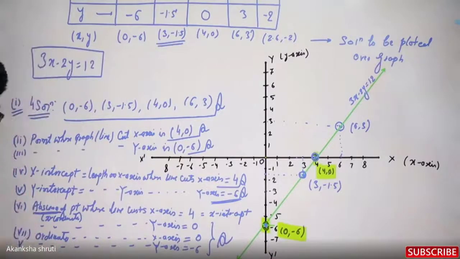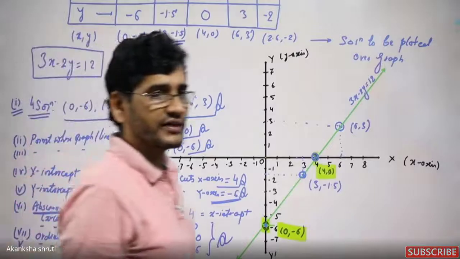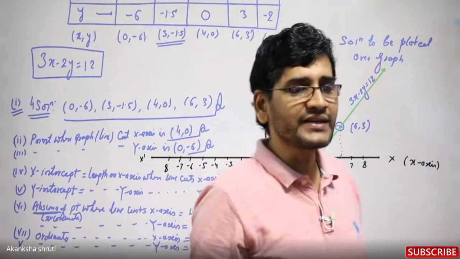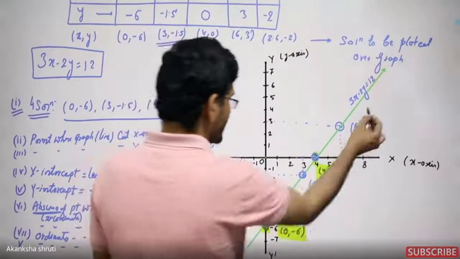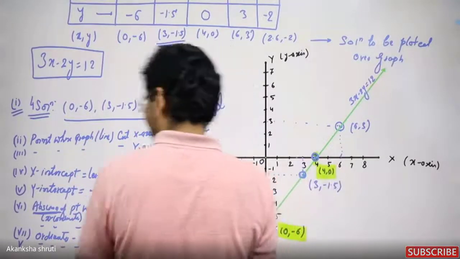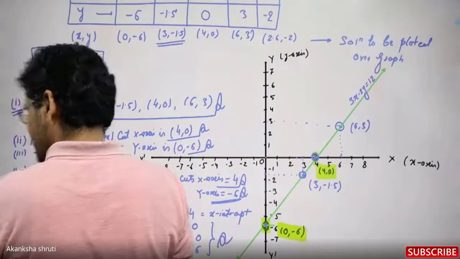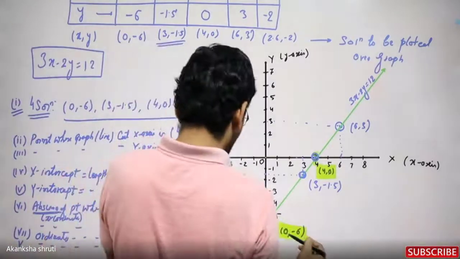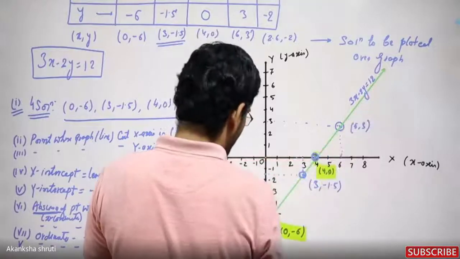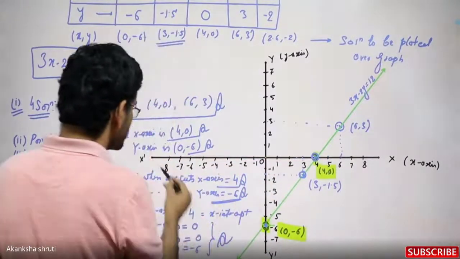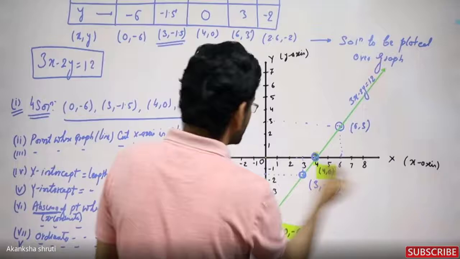Students, after this, even one more question is there. What is that? We have to find the area bounded by this line and the coordinate axes. Students, the area bounded by this line, see, this is the line, and the other two axes, one is this, another is this.